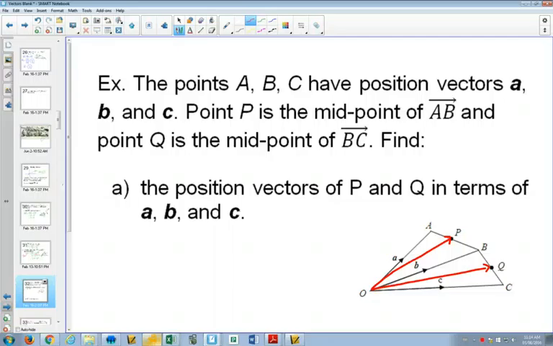We can get from O to P by going from O to A and then halfway from A to B. Well, O to A is already one of our position vectors.